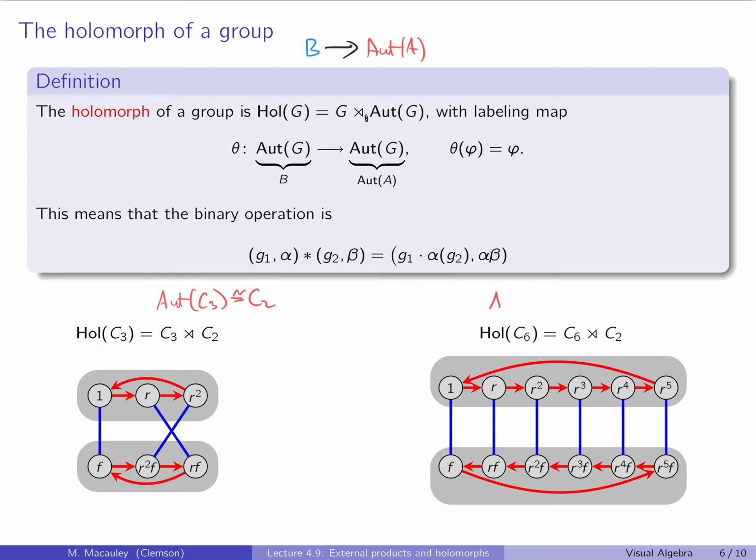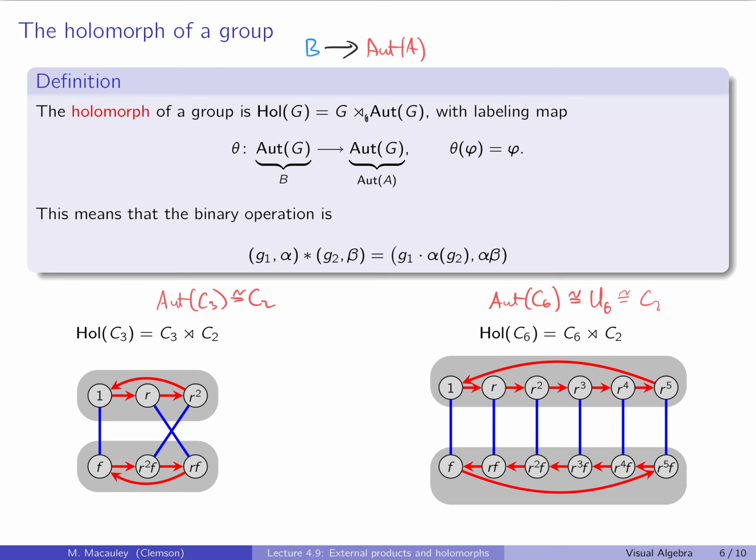In this case, the automorphism group of C6, remember, these are the things that are relatively prime to 6 under multiplication mod 6, is isomorphic to U6. And this just consists of 1 and 5. So this is C2. So in both these cases, the automorphism group is just a size 2 group.